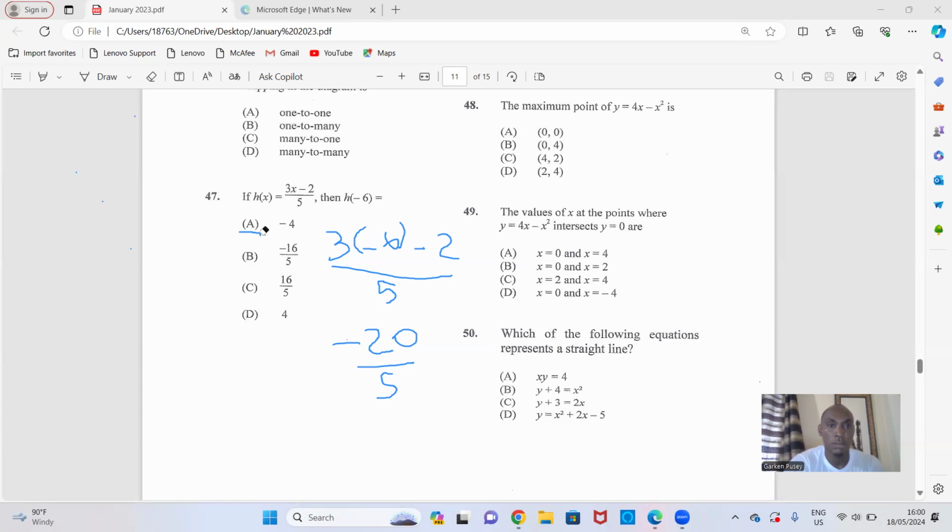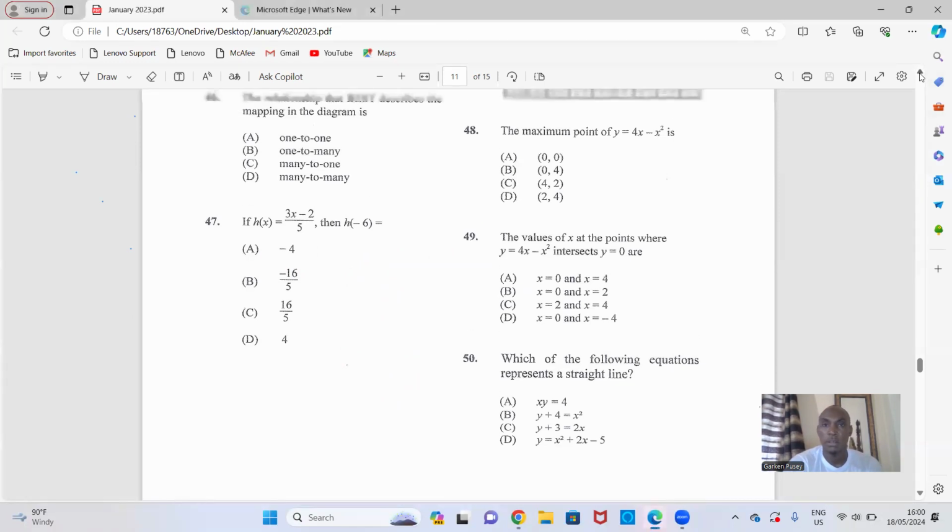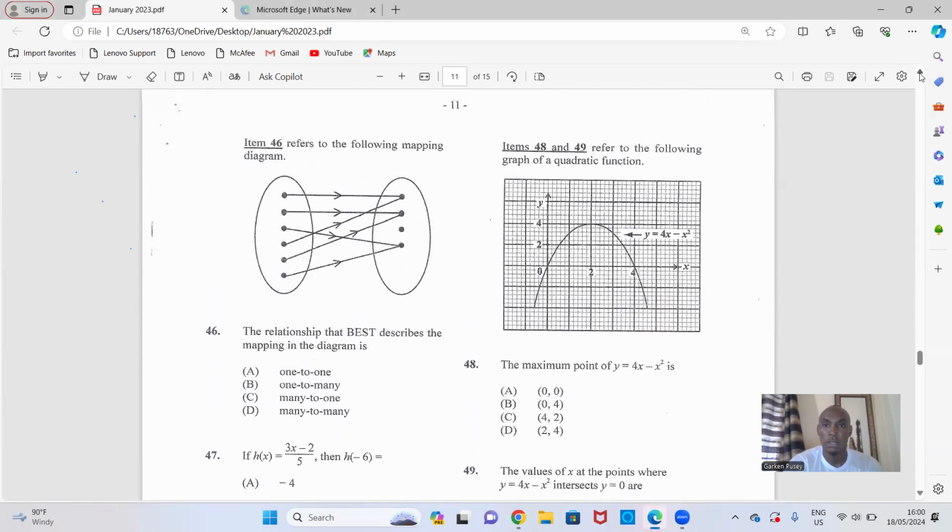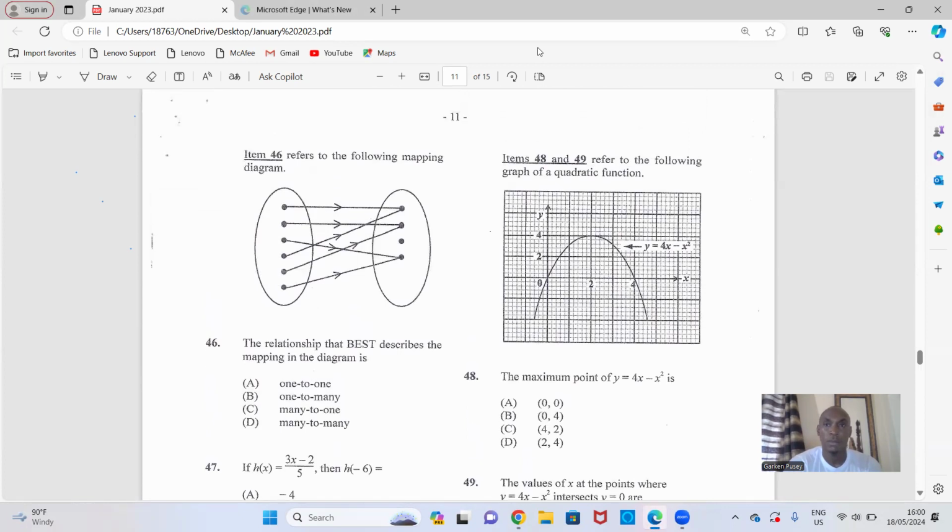Right, so let me erase. So question 48. I think we need to scroll up so we can see. Oh yes, there's a chart, there's a graph. Now it refers to the following graph function.